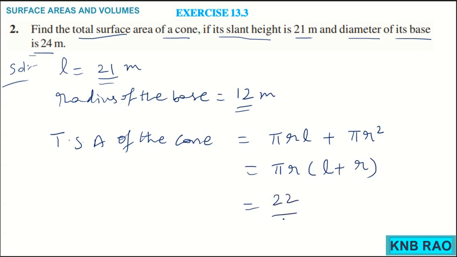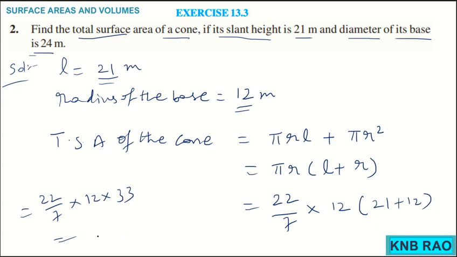So pi value 22 by 7 into r value 12 into l plus r, 21 plus 12, that is 22 by 7 into 12 into 33.